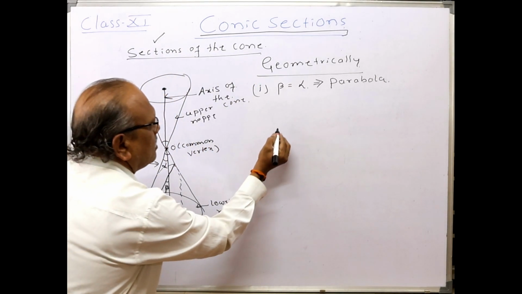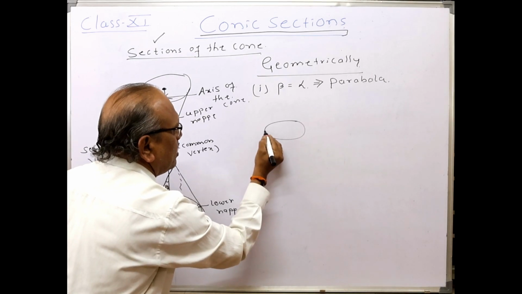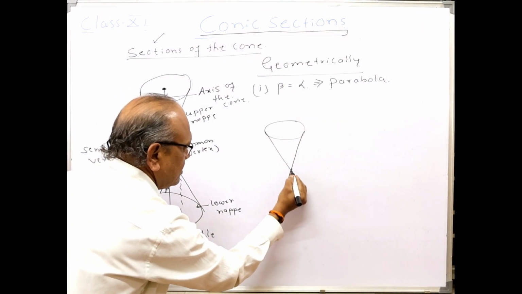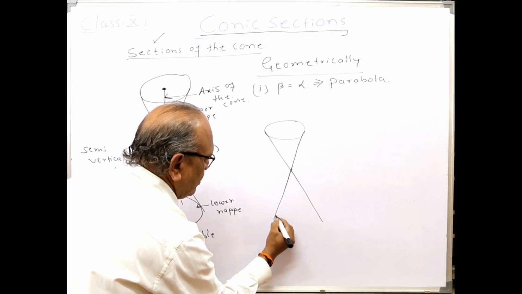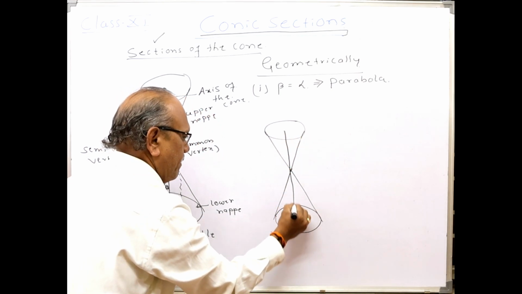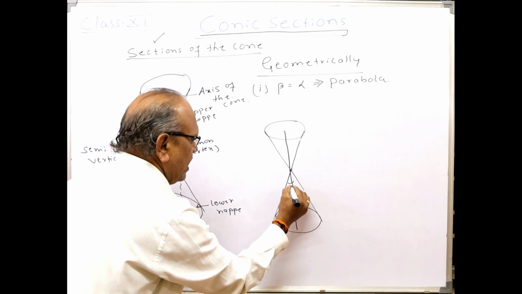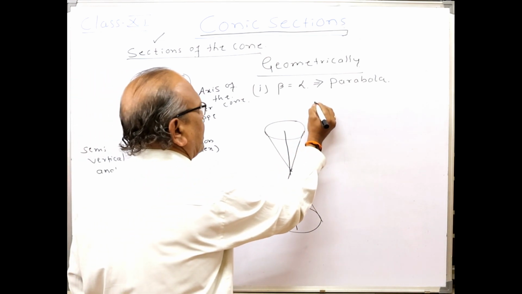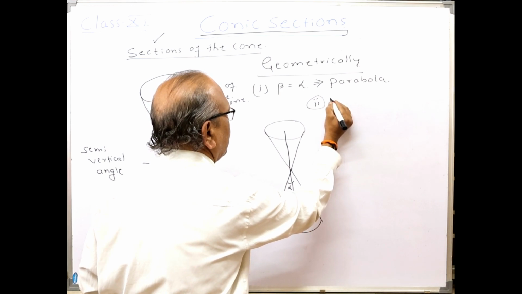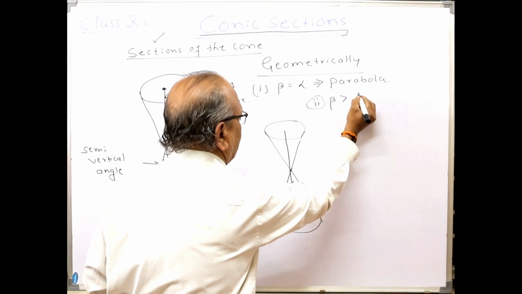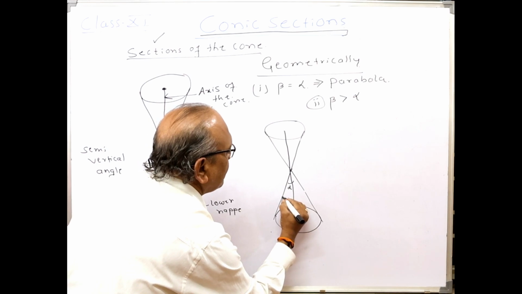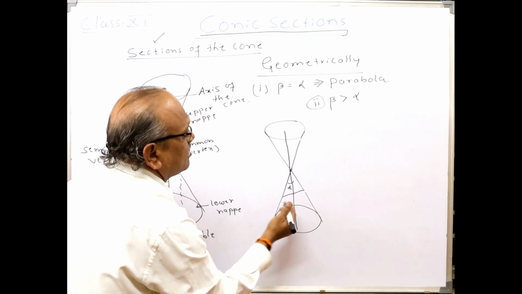Let me draw another cone here, solid double cone. To understand the other sections of the cone, say, this is axis again, and this is semi-vertical angle alpha. Suppose that I slice this solid double cone at an angle beta greater than alpha. If I cut it at an angle beta greater than alpha, say I will cut it like this.